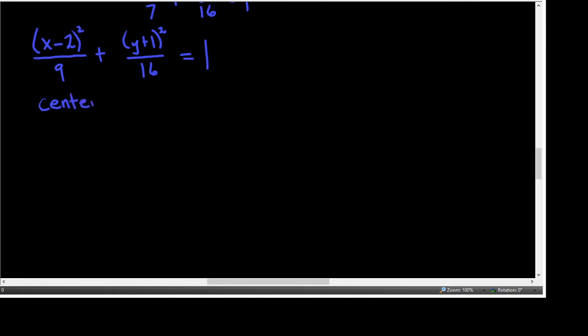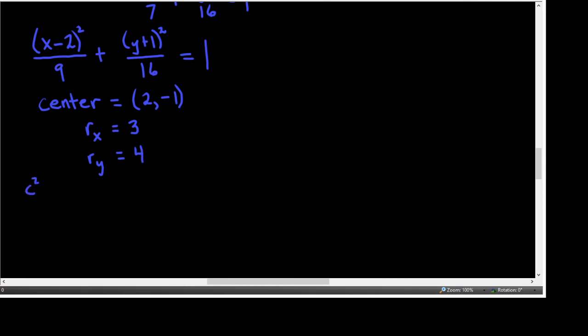The center of this one is at positive 2. Remember, you look for the opposite of the number you see, comma, negative 1. That's the center. R sub x is the square root of the number underneath the x squared term, so that's 3. R sub y is the square root of the number under the y squared term, so that's 4.